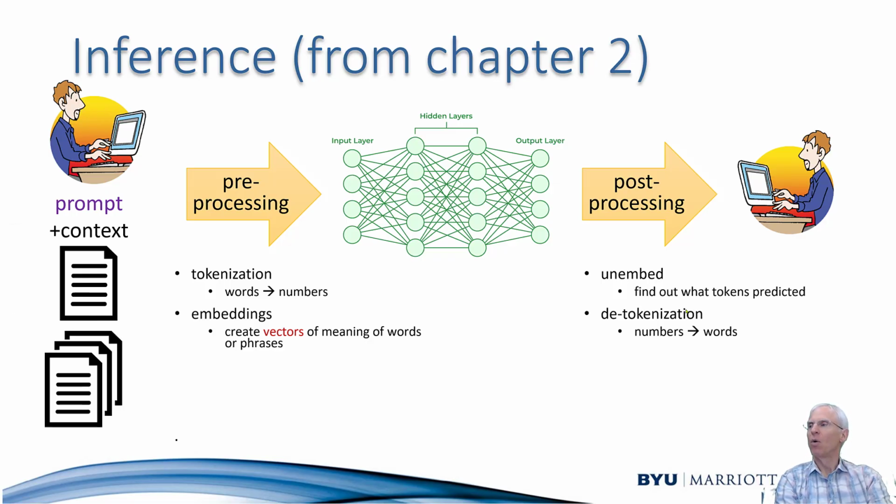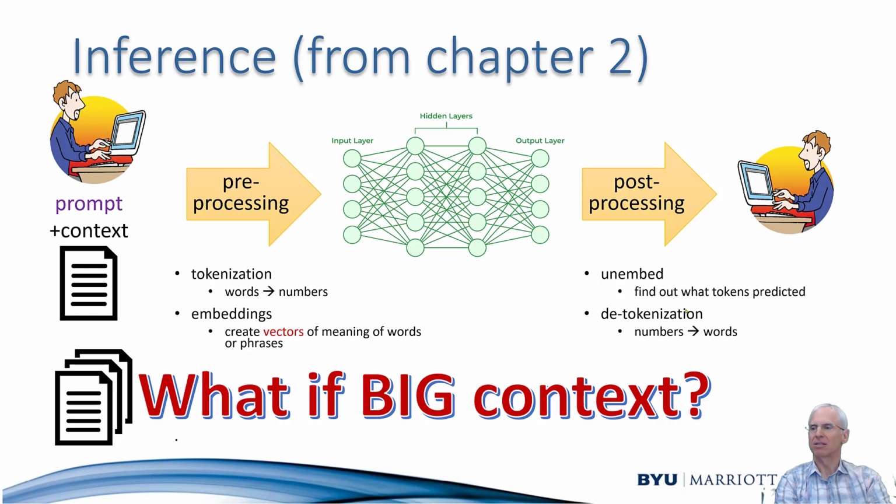All right, what if we have a lot of context? What if our context is hundreds of thousands of tokens? It's a book, or multiple books or documents, and it's just very extensive. That could be a problem. We could feed that all in, but alas, we sometimes have token limits. The context window, this is chapter 5.